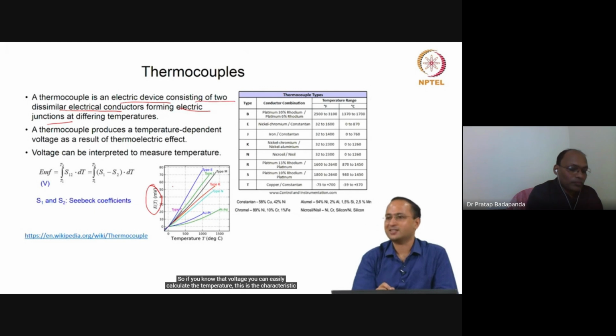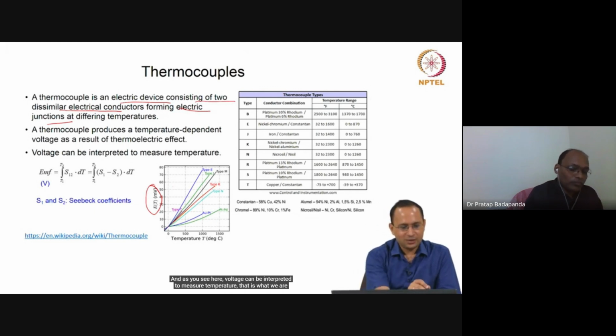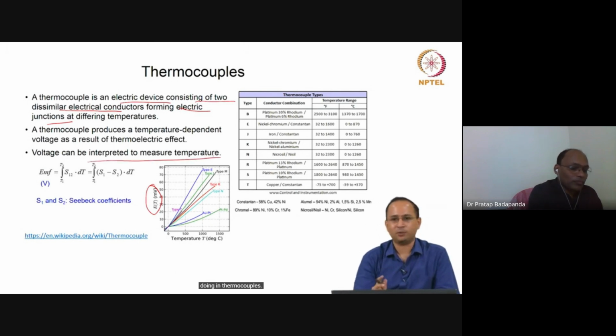This is the characteristic function. As you see here, voltage can be interpreted to measure temperature. That is what we are doing in a thermocouple: measuring the voltage and then using that voltage to calculate the temperature.